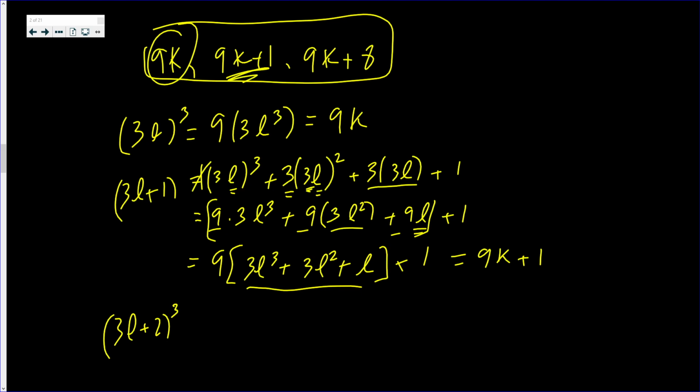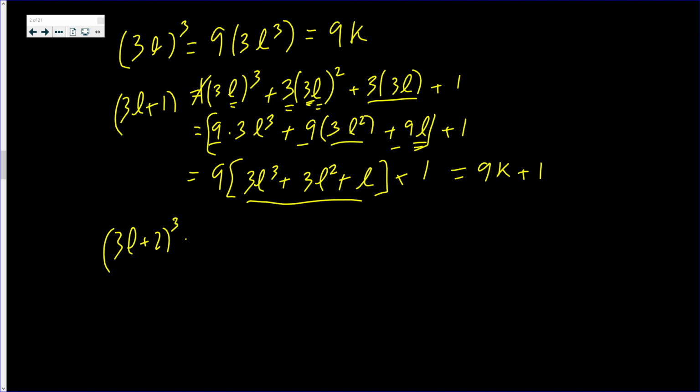Now, what happens when you cube this? Now, you should start seeing a pattern. You're going to have 9 from the first 3 terms, I guess. You're going to have 3 times 3L squared times 2 to the 1, plus 3 times 3L times 2 squared, plus 2 cubed.